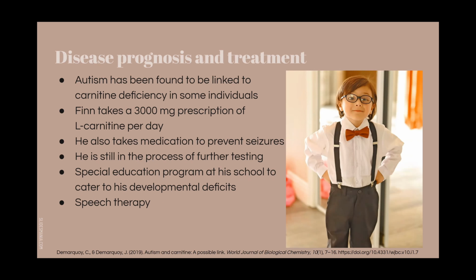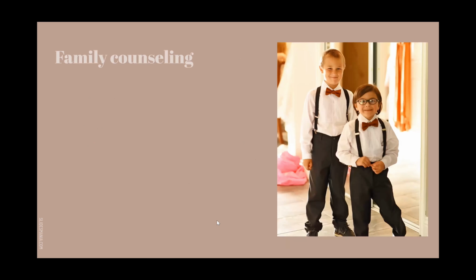He also takes a medication to prevent seizures. He is still in the process of further testing to support him with his autism and developmental delays. He is part of a special education program at his school, where they cater to his developmental deficits, specifically his speech therapy and lisp.